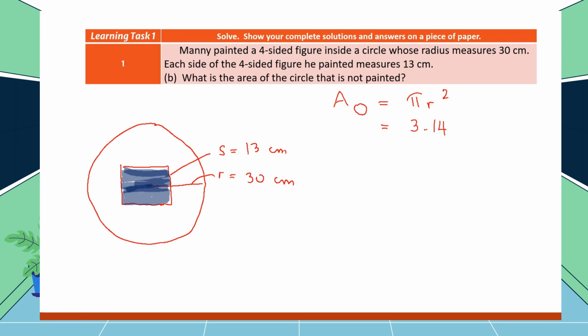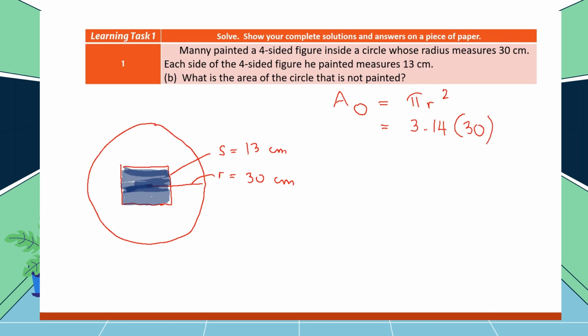Okay? And not 3.1416. And then, the given radius, nagkataon, ang radius daw ay 30 centimeters. Kaya naman, yung 3.14, imumultiply natin sa 30 centimeters. Pero, hindi lang siya basta 30.